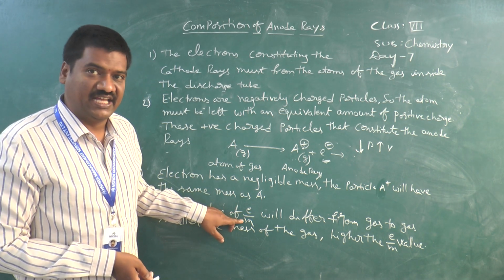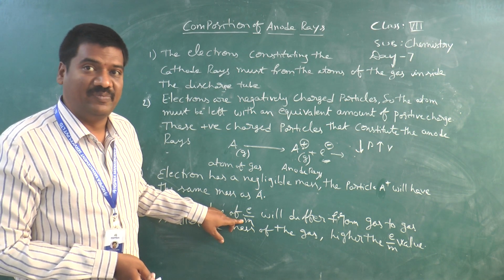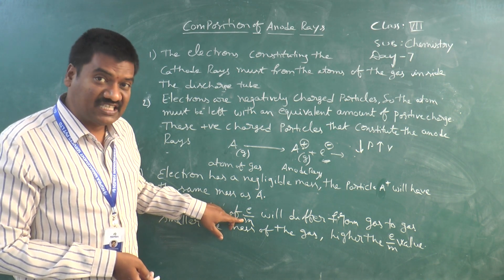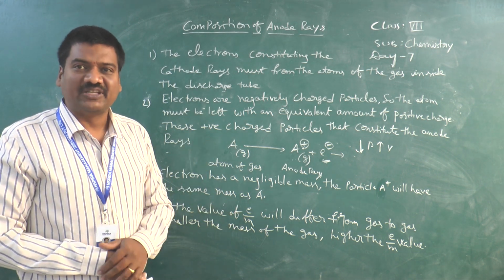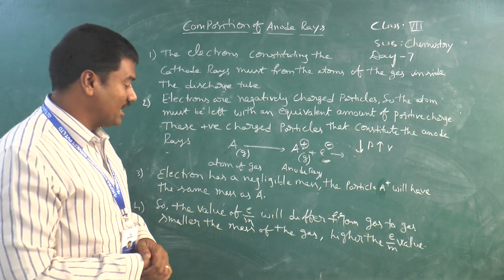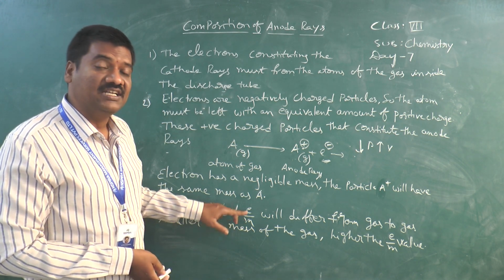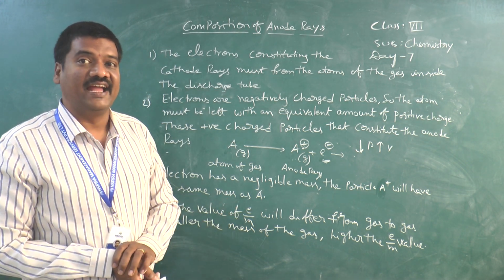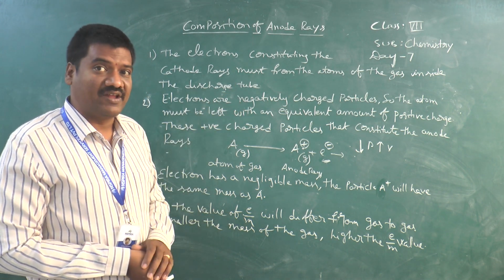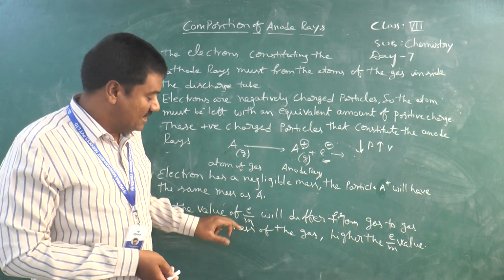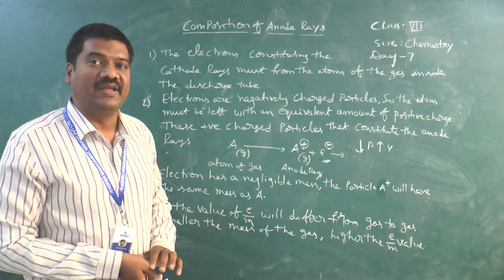If more mass is there, the charge by mass ratio will be less. If the mass of the gas is less, the e by m value will be more. If you take a hydrogen atom, its mass is very small, so the e by m value will be very high. If the gas inside the discharge tube has more mass, the specific charge e by m value will be very low.